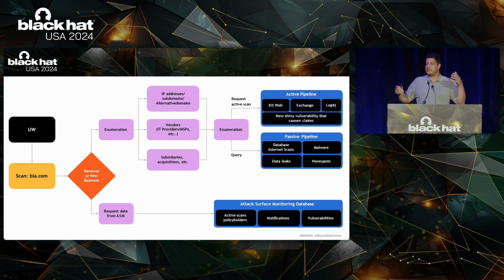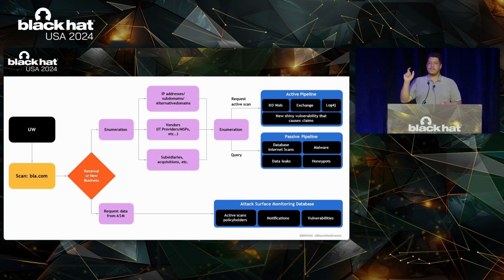So the broker sent us the domain, blah.com. What actually happens behind the scenes? We start a scan, and the scan starts with enumeration. For blah.com, we're going to find every single subdomain that exists, every IP address, all of those things. Then we're going to run the company name through all sorts of search logic, because we want to find out whether this company has subsidiaries, or whether they have acquired any other companies.